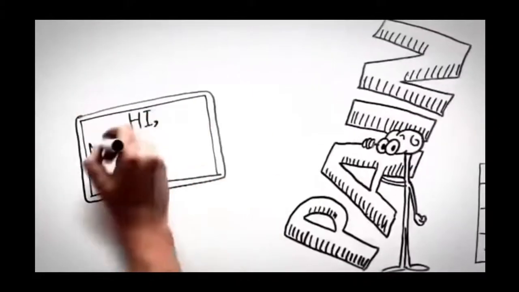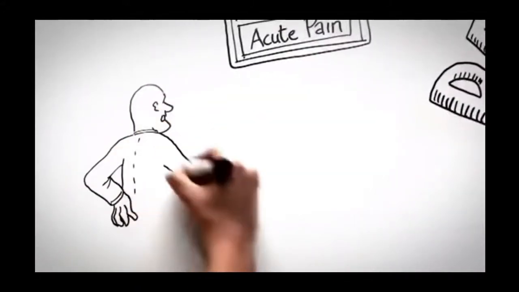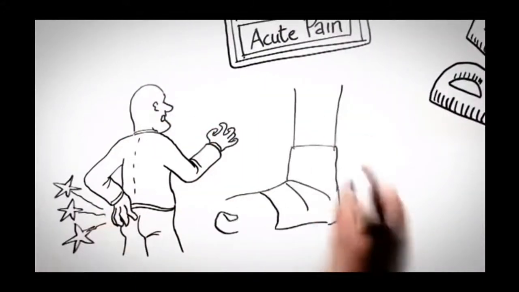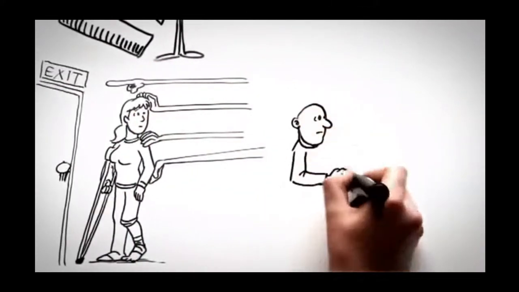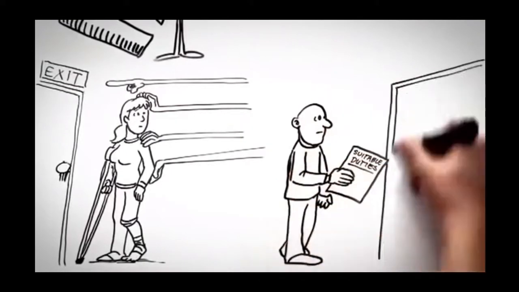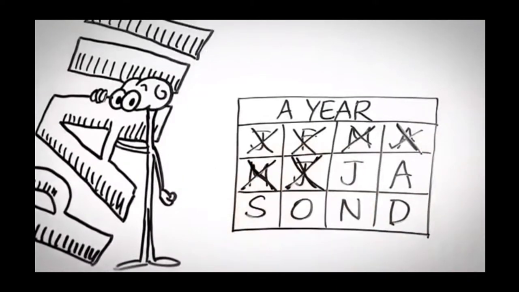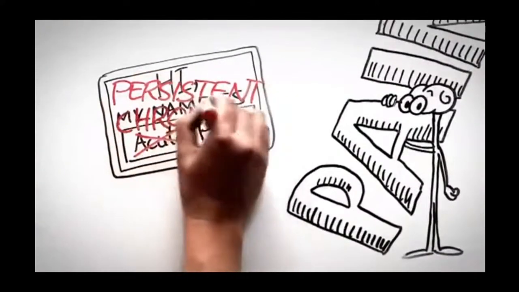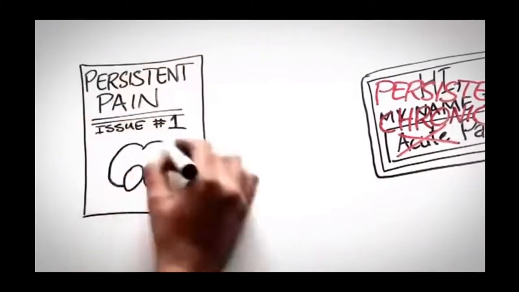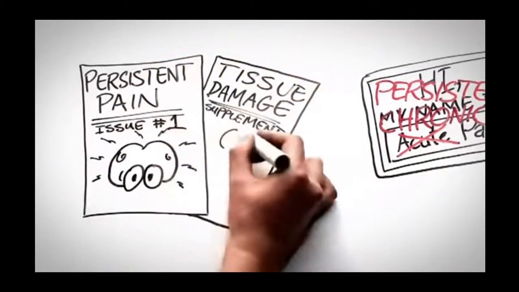This is called acute pain, and it's common with tissue damage, say from a back injury or ankle sprain. And generally, you'll be encouraged to stay active and gradually get back to doing all your normal things, including work. Or you might have had it for 3 months or more, and this pain is generally called persistent or chronic, because in this type of pain, tissue damage is not the main issue.